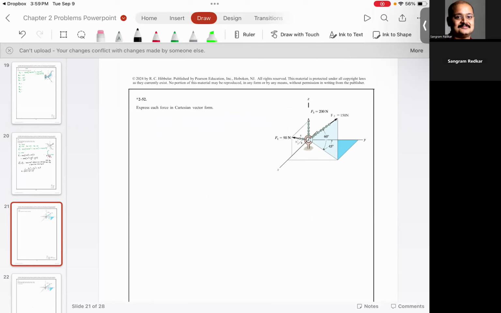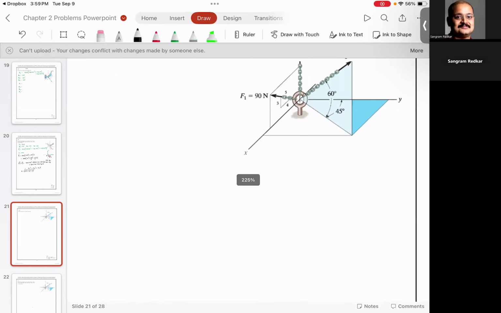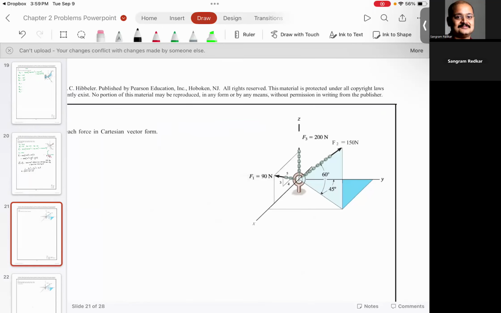Okay. So in this problem, you have three vectors. This problem can go something like this. First, express these vectors into Cartesian form. What do you have to do?